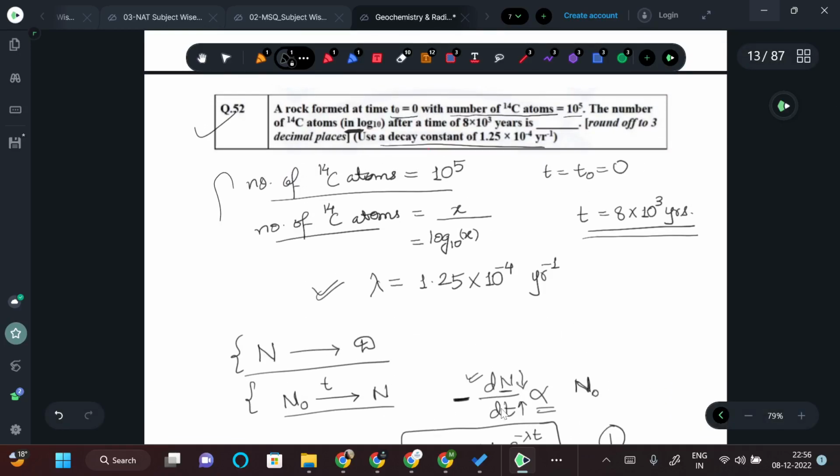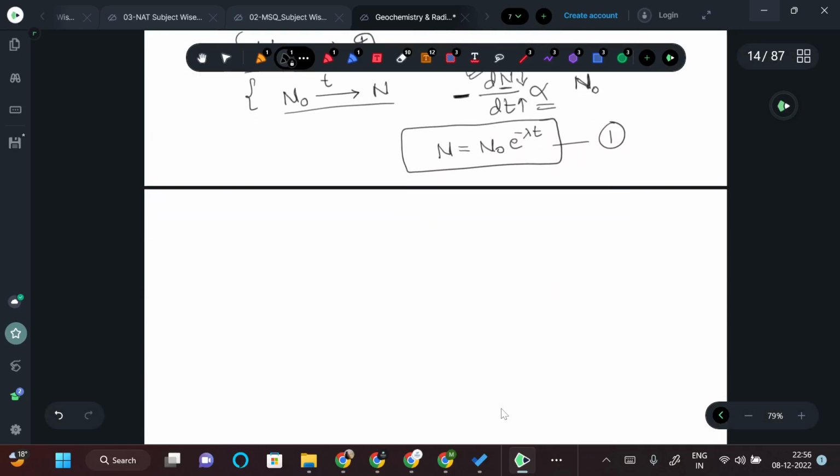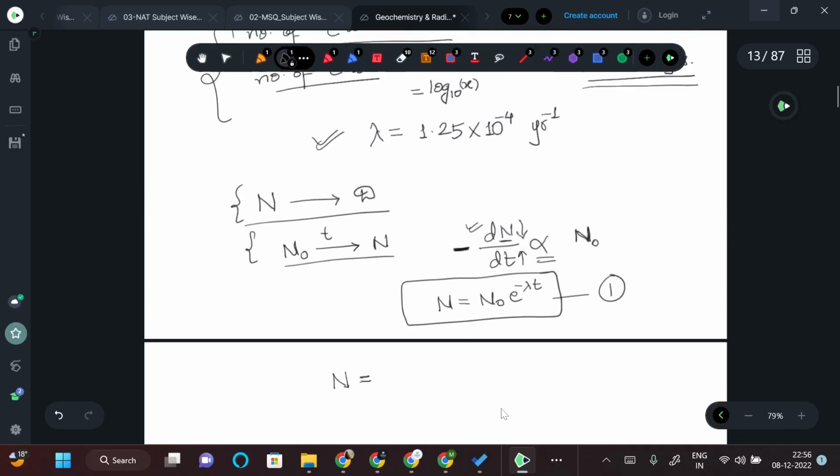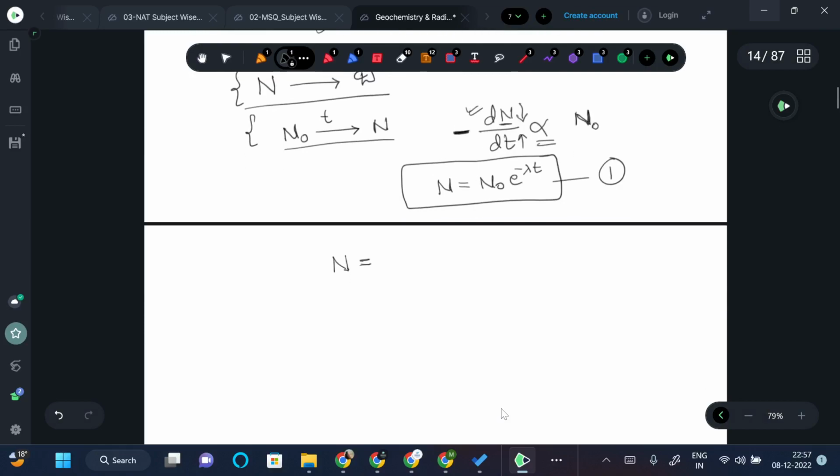So here we have this case. Let's try to solve this one quickly. What can I write over here? N is equal to n naught e to the power minus lambda t we have. What is n naught in this question? 10 to the power 5.